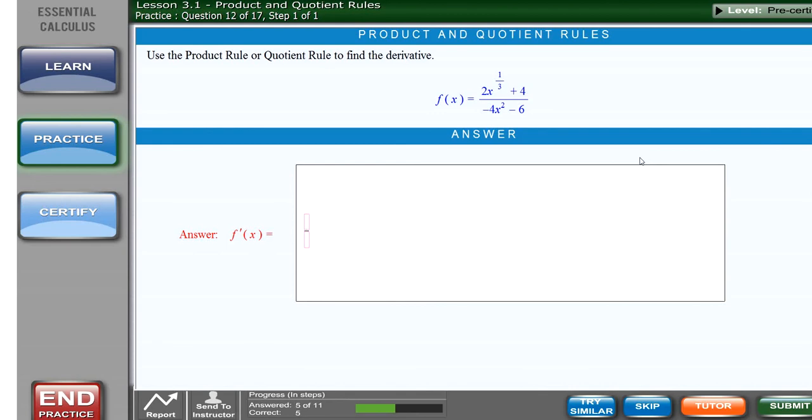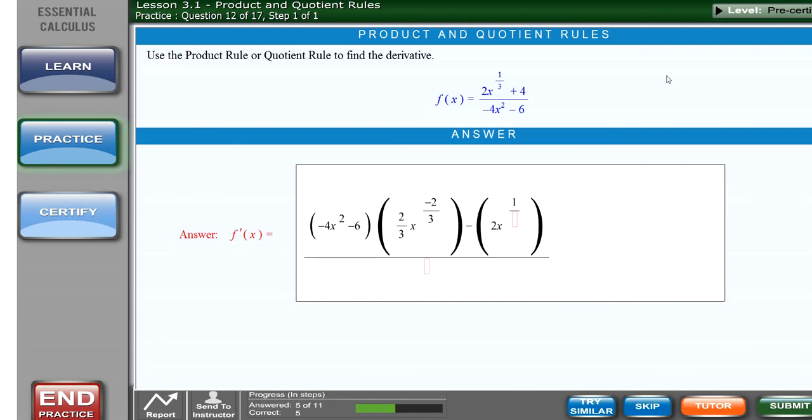Our mnemonic was low, negative 4x squared minus 6, times the derivative of high. So the derivative of the numerator there, 2 times 1/3 is 2/3. X to the 1/3 minus 1 will be negative 2/3. Minus high, which is again the top, 2x to the 1/3 plus 4, d low.